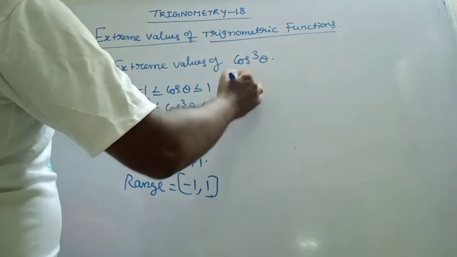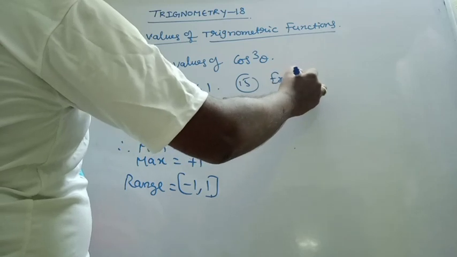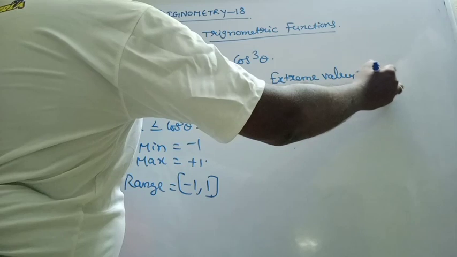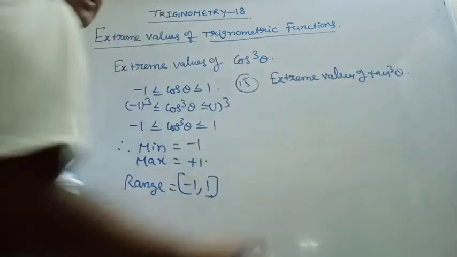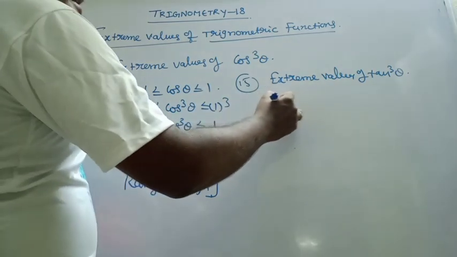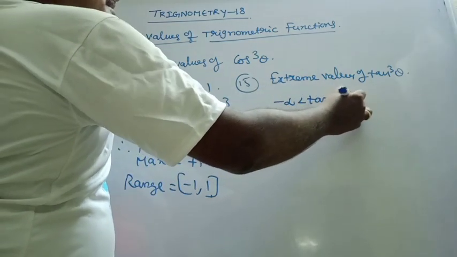Like that, the 15th one: the extreme values of tan cube theta. My dear students, tan theta is -infinity less than tan theta less than +infinity.